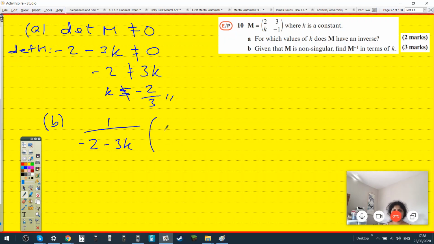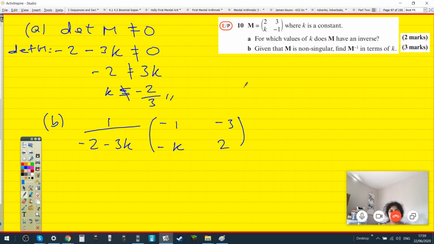And then you just do the inverse, which is minus 1, minus 3, minus k, 1, no, 2. Yeah. And it is non-singular.